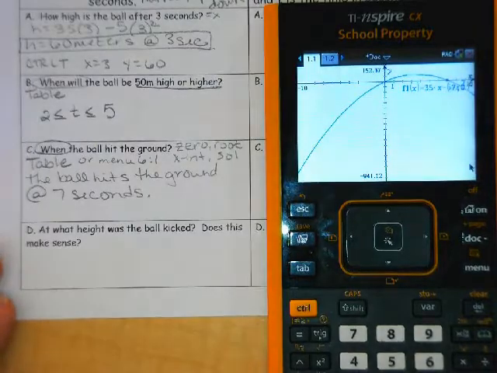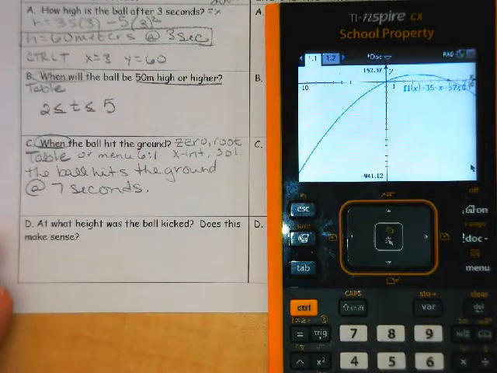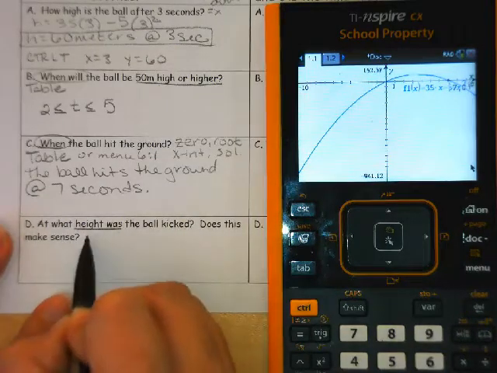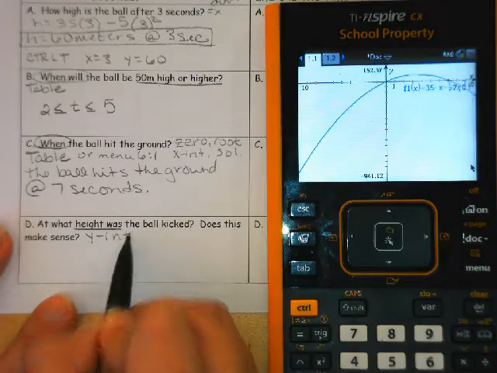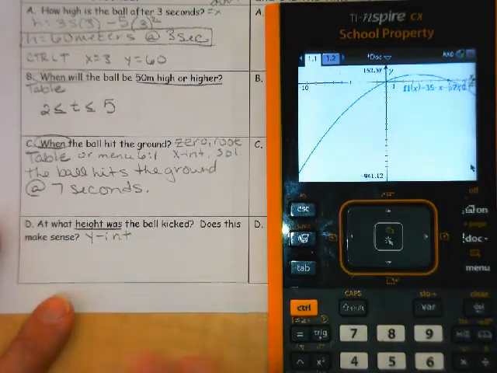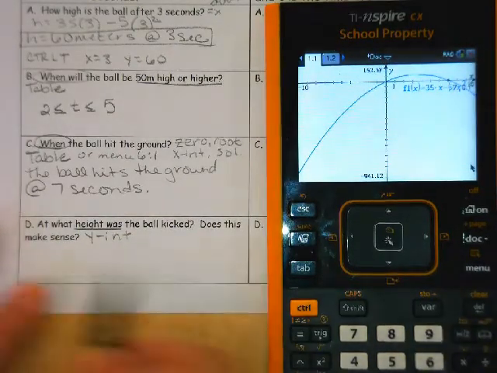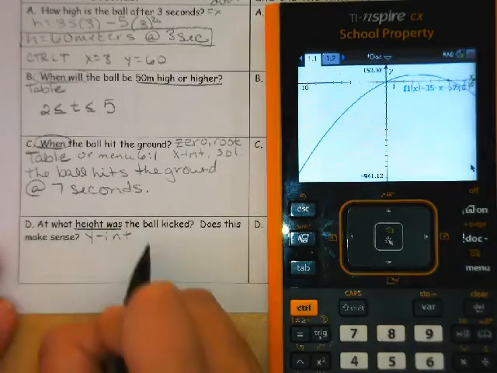We feeling okay so far? At what height was the ball kicked? And does this make sense? What are we looking for here? At what height was it kicked? Oh, very nice. So this is the y-intercept. What is our y-intercept? It happens to be 0, 0.